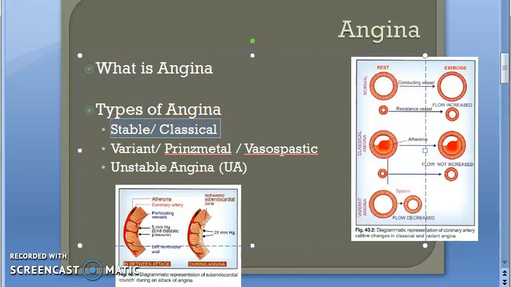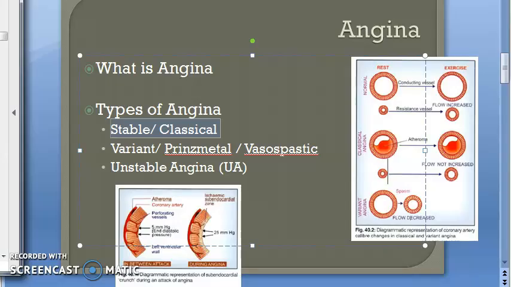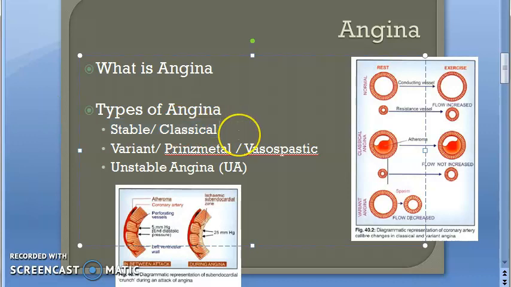Now what is stable or classical angina? It's characterized by episodes of chest pain commonly associated with exertion. If the patient takes rest, then he will become fine. Basically the oxygen demand has increased, and if he takes rest, the oxygen demand comes down and the angina is relieved.